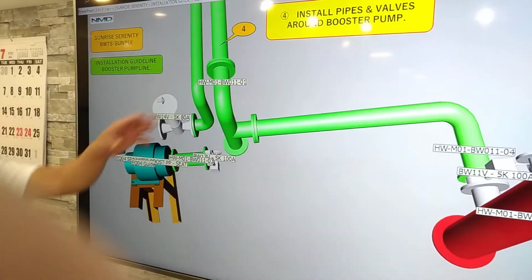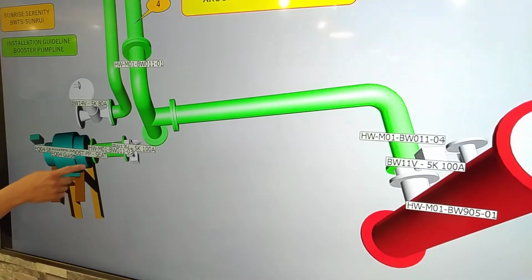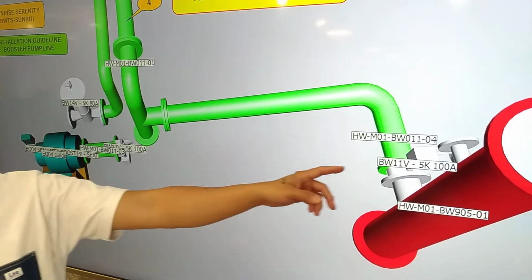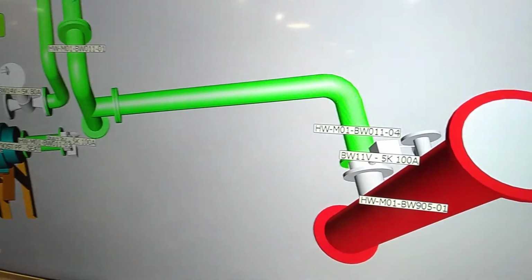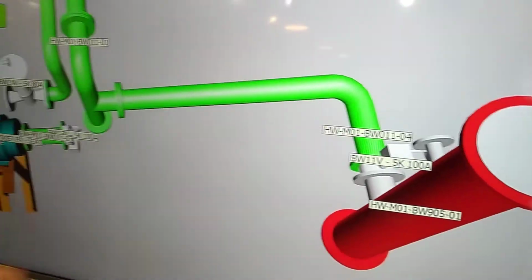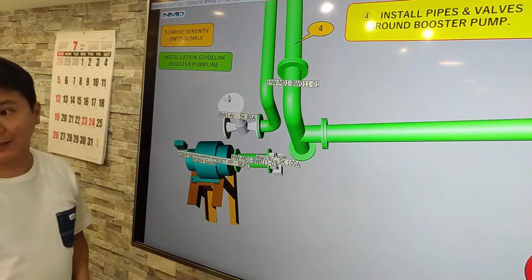Next, installation number 4, we will install the pipes near the booster pump going to our injection point. We also have the valve 1104, 01, and here the 03.